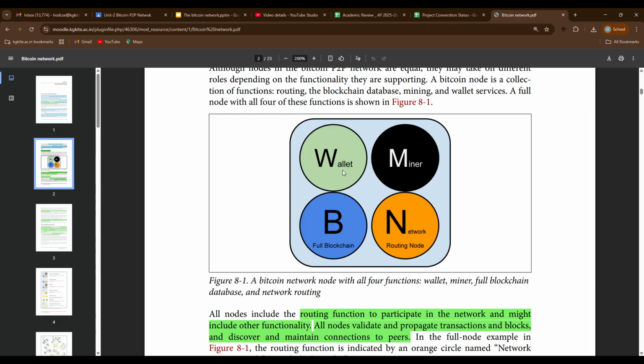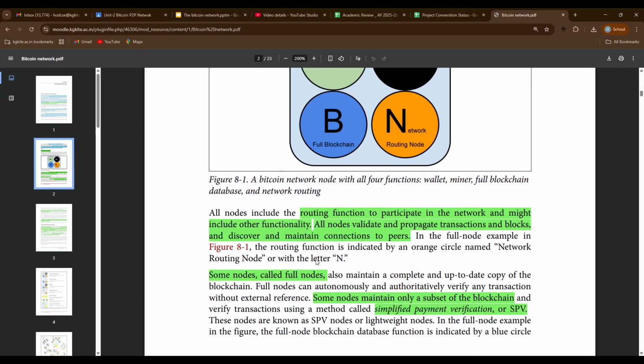So we'll try to recollect: wallet service, mining, the database of all the transactions, the blockchain database, and then routing. So all these four functions can be performed by any network node: wallet, mining, full blockchain, and network routing.